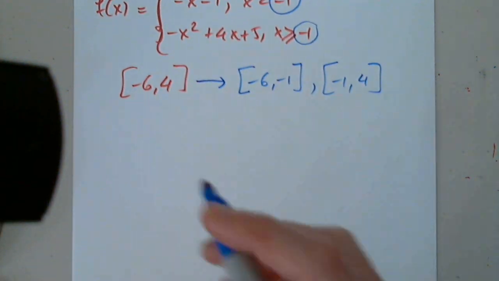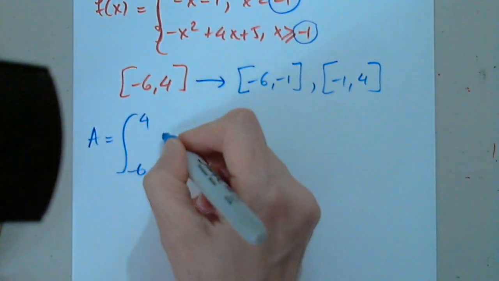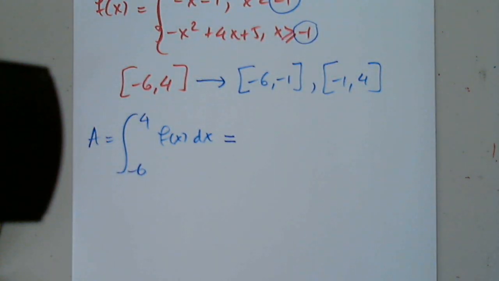So how will I calculate the area, which is the integral from negative 6 to 4 of f of x dx in this particular situation? Give it a shot. Anything?